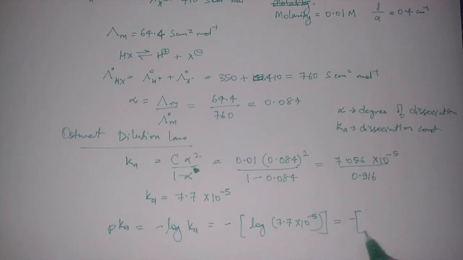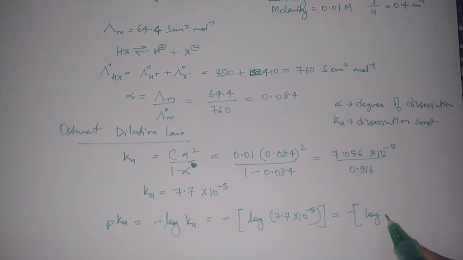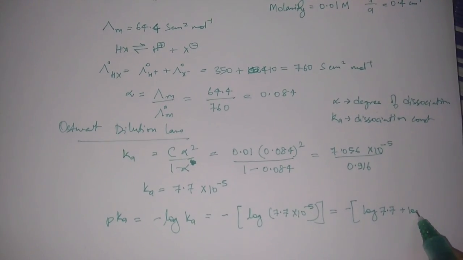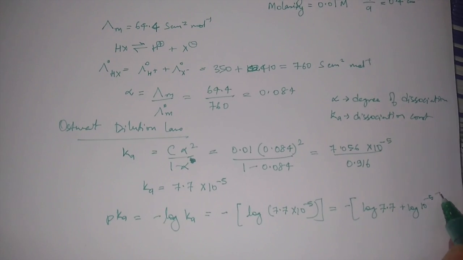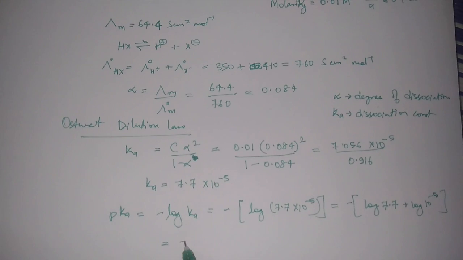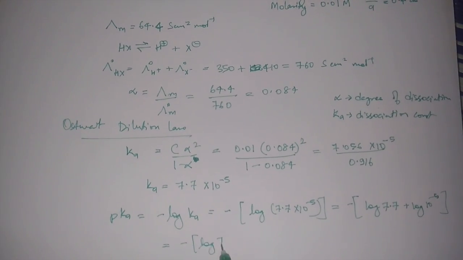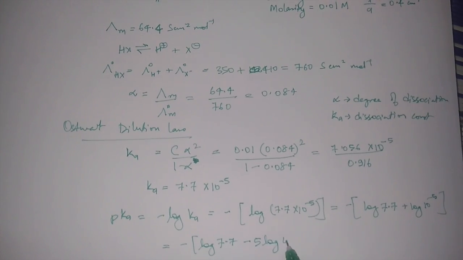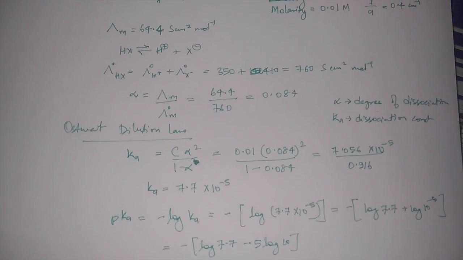The minus sign will be outside, so it will be log 7.7 plus log 10 to the power minus 5. So what will log 10 to the power minus 5 give you? The minus sign is outside, so log 7.7 minus 5 log 10, and we know that log 10 is equal to 1, right?